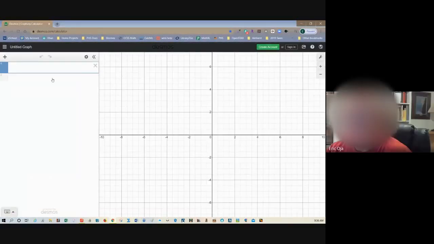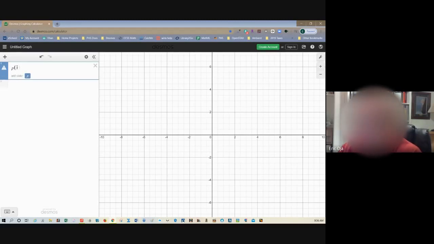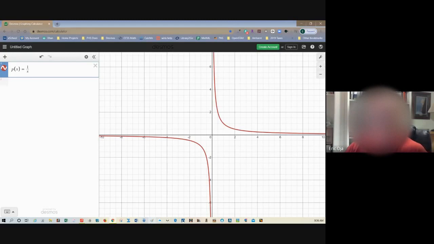Okay. So first of all, let's look at what a reciprocal function looks like. If we take the function, we'll call it p of x for parent function. The characteristics are that it's got a horizontal asymptote on the x-axis and a vertical asymptote on the y-axis.